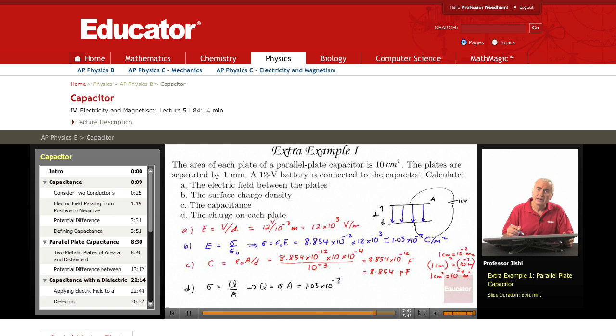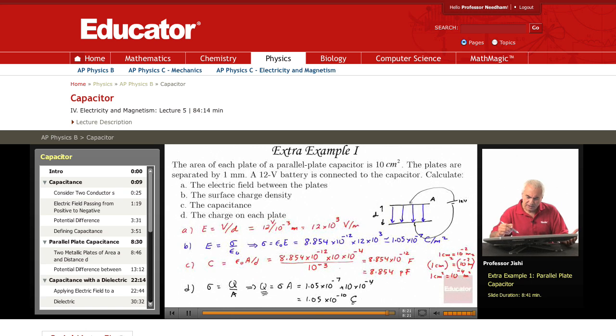And the area is 10 centimeters squared, so it's 10 times 10 to the minus 4 meter squared. So we get 10 to the minus 11 times 10, that's 10 to the minus 10, so it's 1.05 times 10 to the minus 10 coulombs. This is Q. This is the charge on each plate.